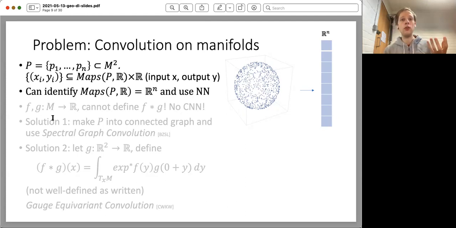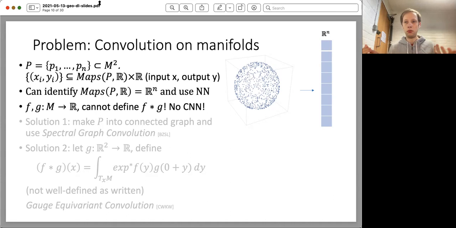But you can't use a convolutional neural network because there is no matrix structure. And there's also no good motivation for defining a more clever convolutional neural network, because if you take 2 functions on a manifold, there is no natural convolution for an arbitrary manifold.